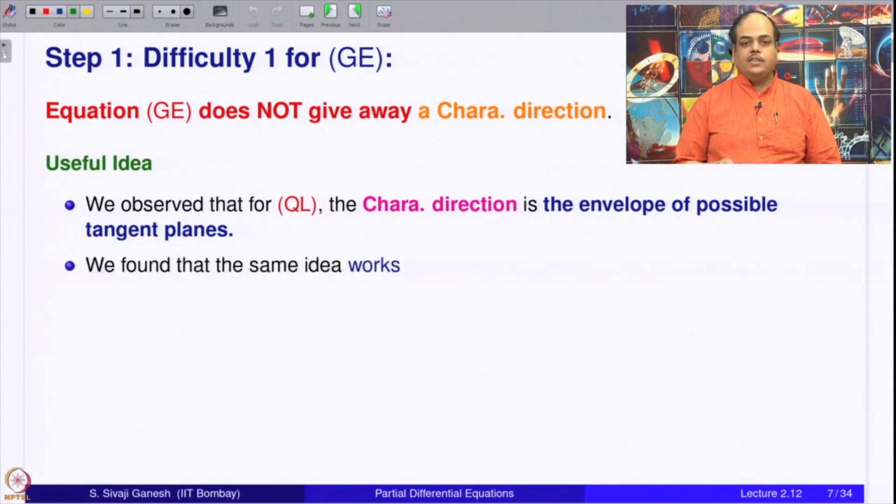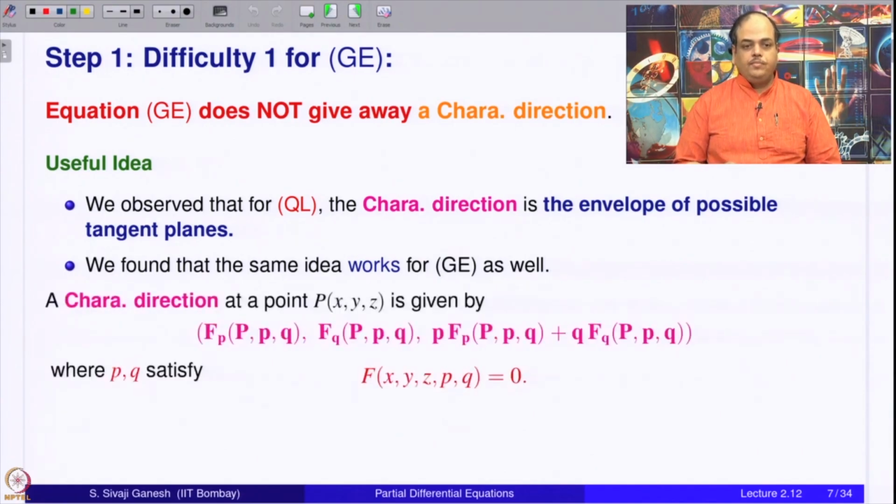We found that the same idea works for GE as well. A characteristic direction at a point capital P, (x, y, z), is given by (F_p, F_q, p F_p plus q F_q). Here F_p and F_q denote partial derivatives of f with respect to the variables p and q respectively, and small p, q satisfy f of x, y, z, p, q equal to 0. Capital P stands for (x, y, z).